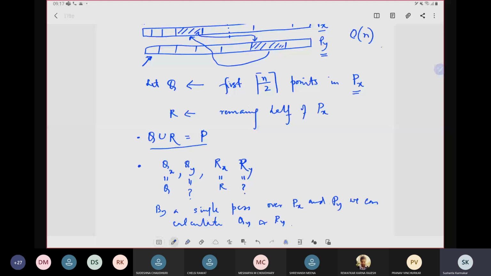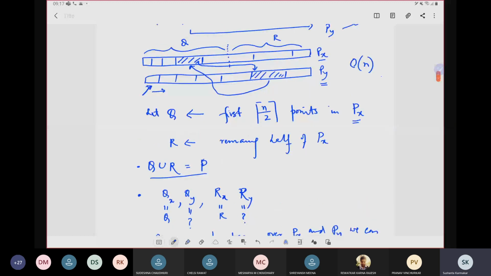And you remember every point in Py has a pointer here, right? So now I will see those elements in this Py which have pointers up to this first half. This may have a pointer here, this may have a pointer here, etc. Those who have pointers up to this first half, they are considered.